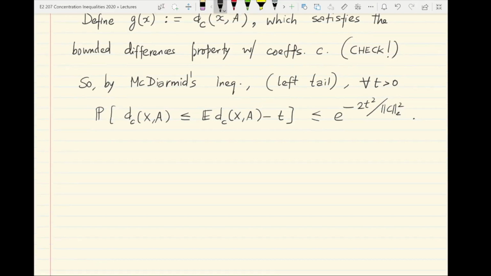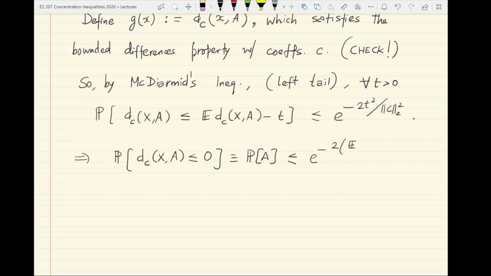So one can take in particular t exactly equal to the expected value of dcxa, which gives you that the probability that dcxa is less than or equal to 0, which by definition is just p of A, is bounded by e to the minus 2 times the expected value of dcxa, the whole square, by norm c square.